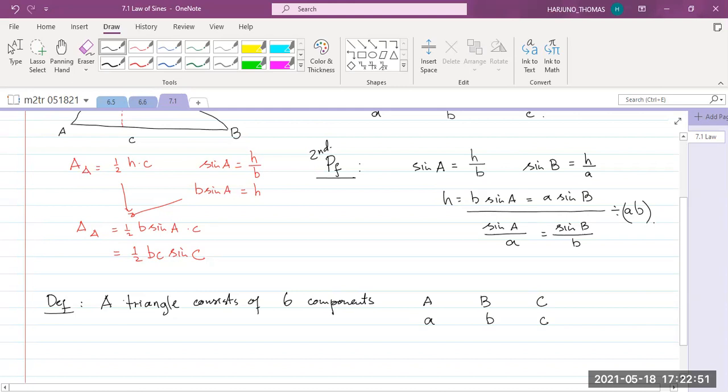When we say to solve a triangle, it is to find the values of these 6 components.